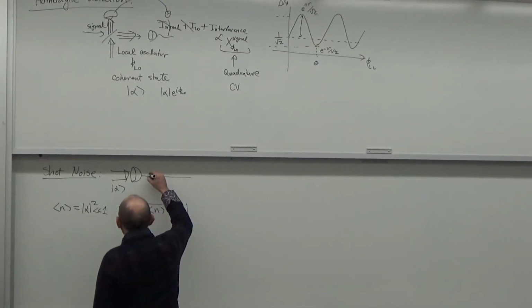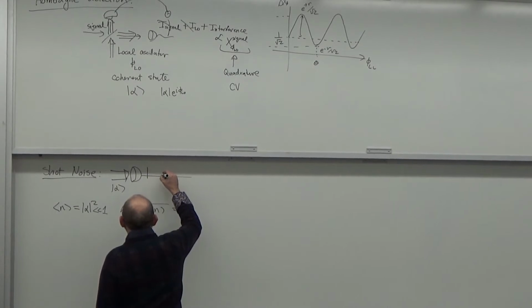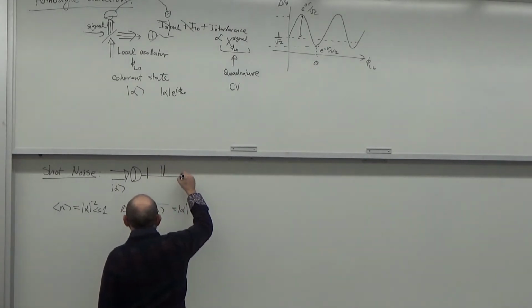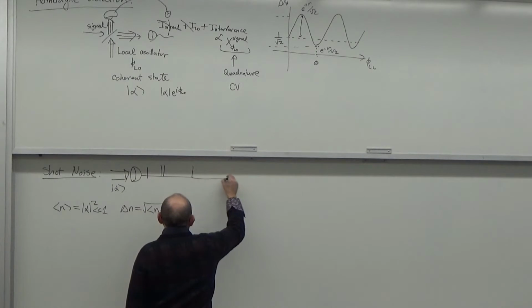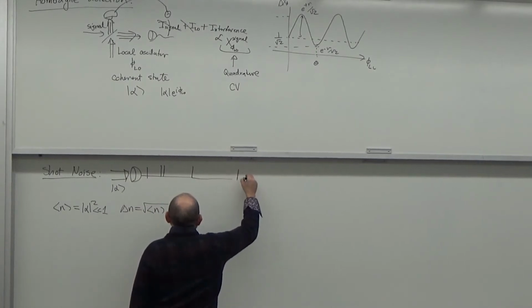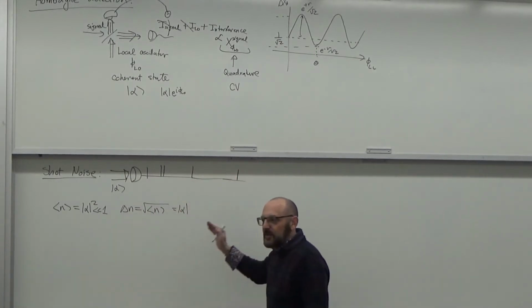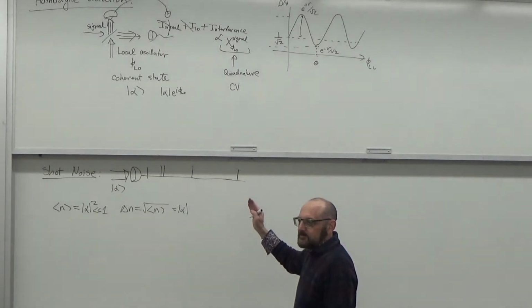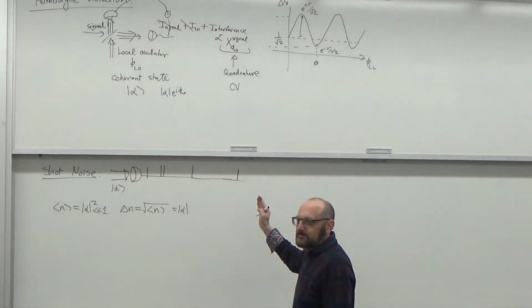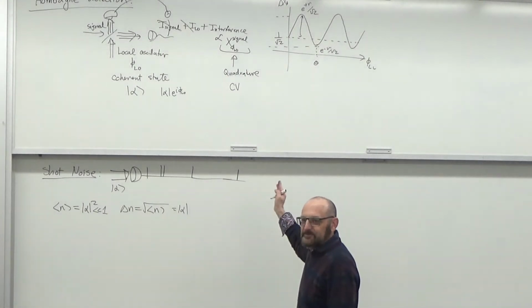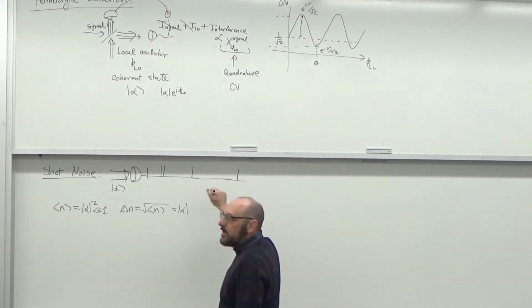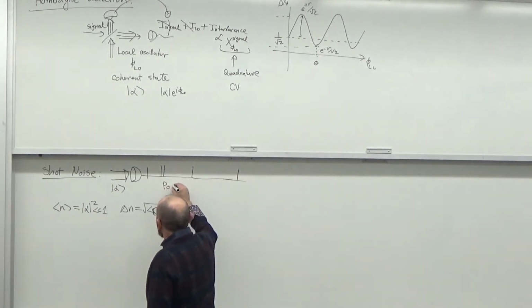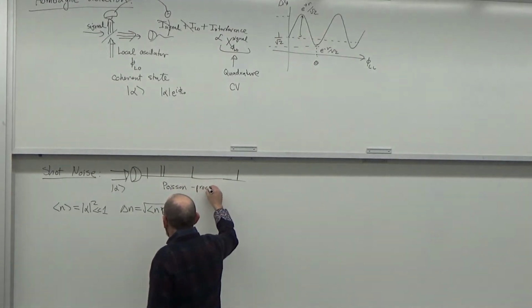Then most of the time we see nothing, sometimes we see one, sometimes two, but mostly nothing, and we'll see some clicks like this: click, click, click, click. These fluctuations of a Poisson process are what we call shot noise.